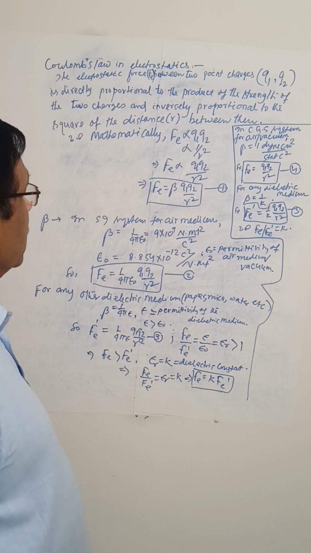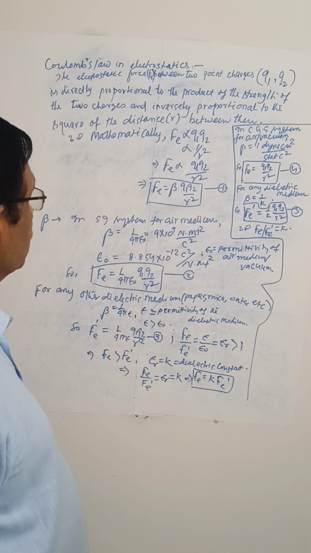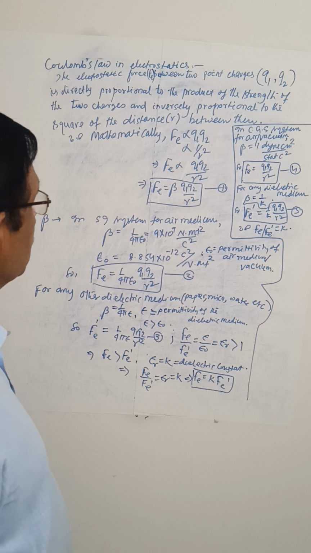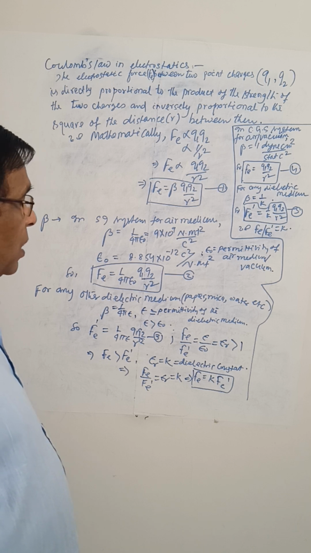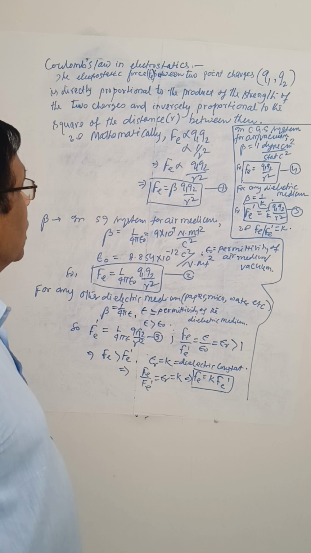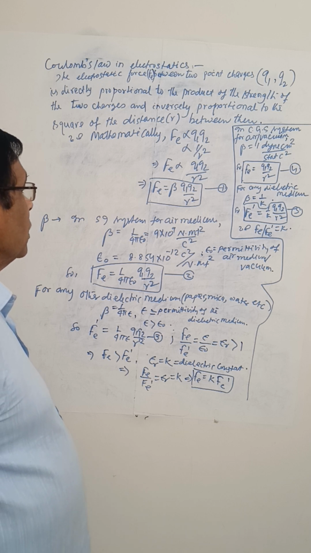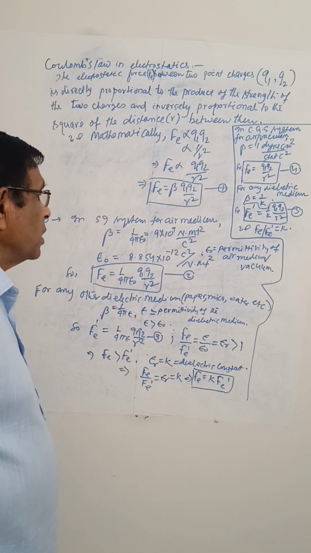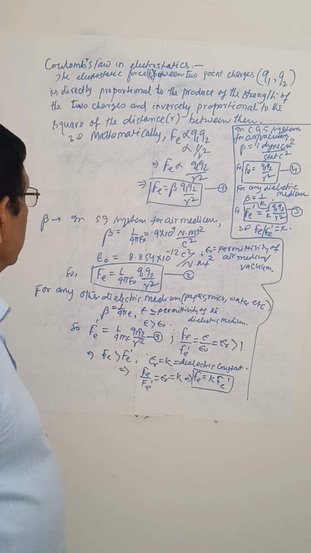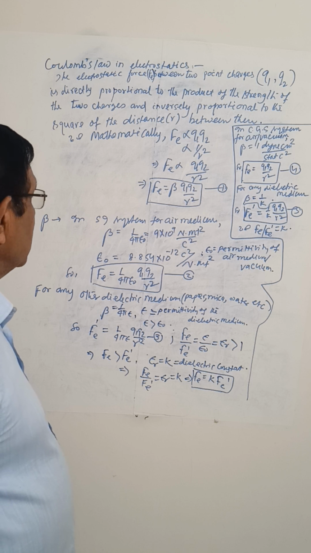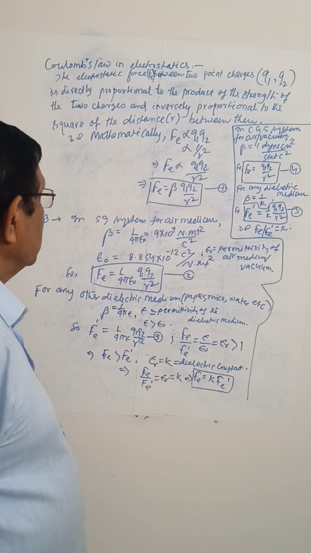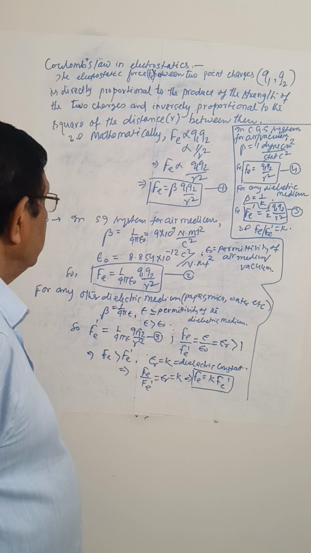So this equation 1 allows you to calculate the magnitude of force between two point charges Q1 and Q2 at distance r apart. Even if Q1 and Q2 and r are given, Fe cannot be calculated unless you know the value of beta. The question is, what is beta? Beta is a constant, no doubt, but it is a constant for a given system and for a given medium.